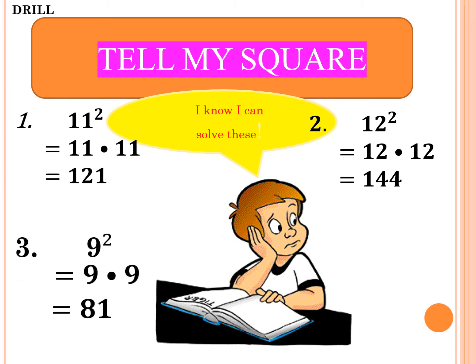And 9 squared is 9 times 9, 81. And the fourth one is 8 squared, meaning 8 times 8, is 64. So that's only our examples of tell my square. Then guys, try to memorize the squaring numbers, at least 1 to 30, to answer our next drill.